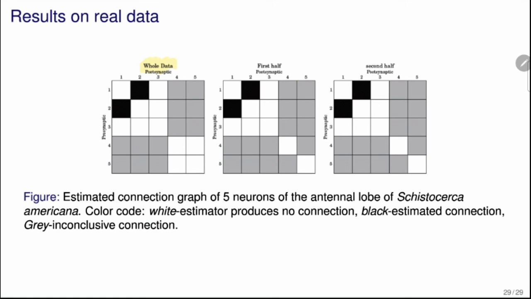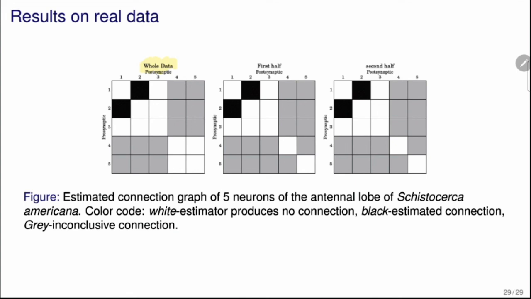We can also see that neuron 3 belongs neither to the interaction neighborhood of neuron 1 nor to that of neuron 2. Note that the results are mostly inconclusive for neurons 4 and 5, even with the iterative pruning procedure.